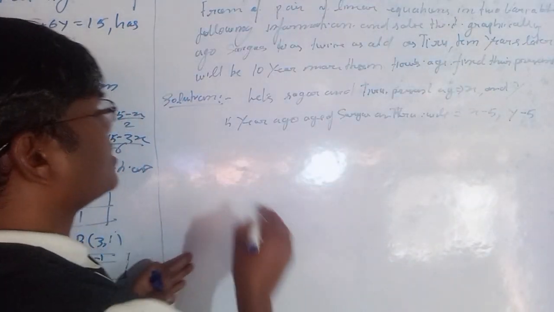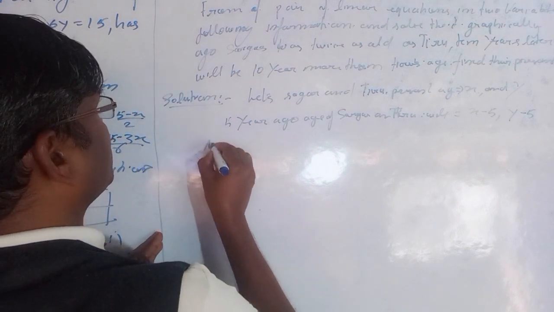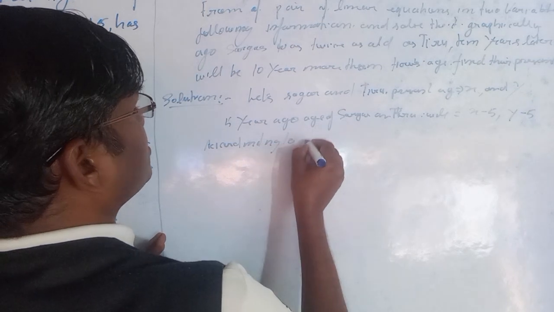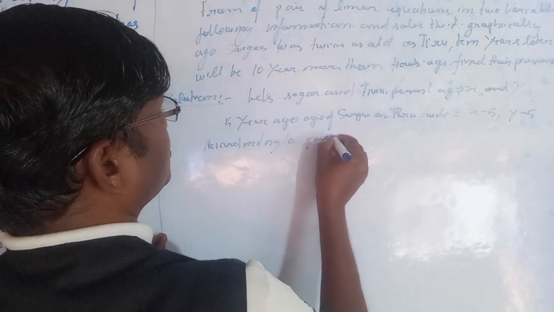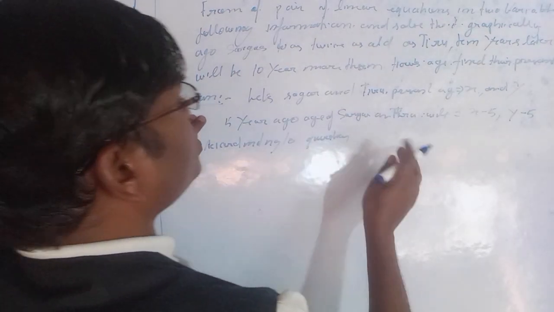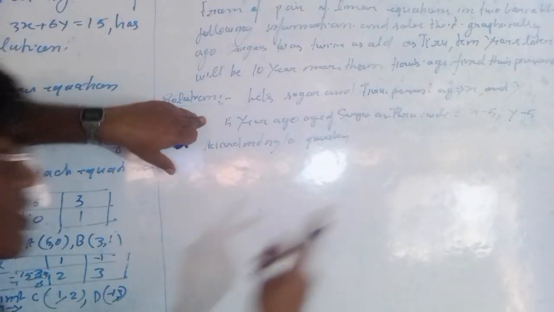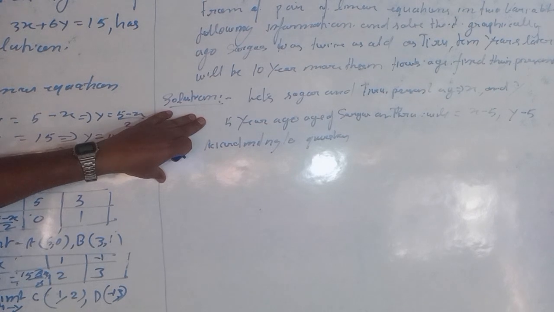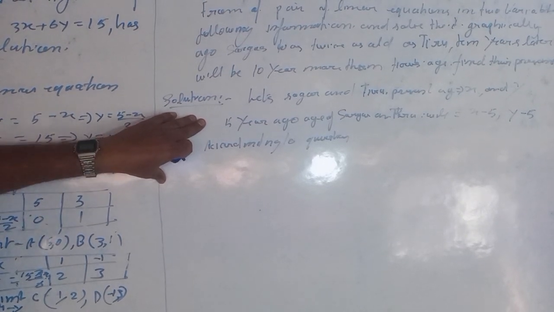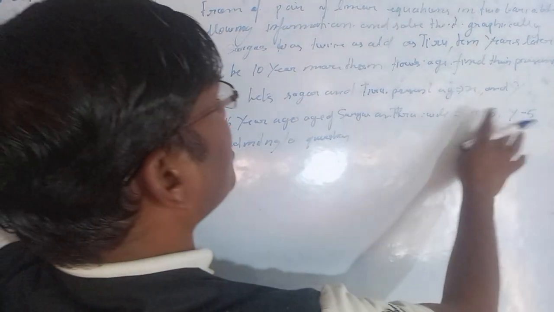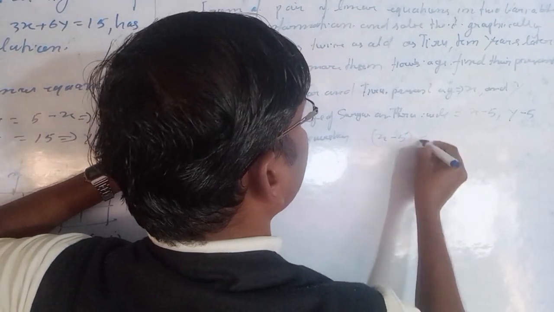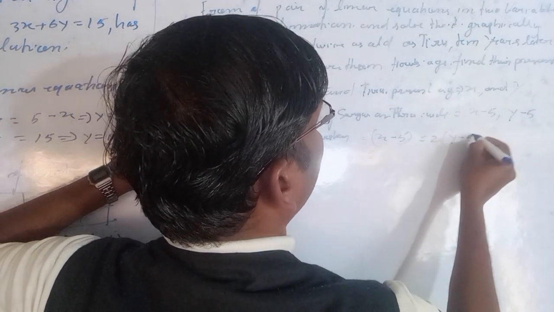Got it? So according to the question, Sagar's age will always be twice of Tiru's. So x minus 5 is equal to 2 bracket y minus 5.